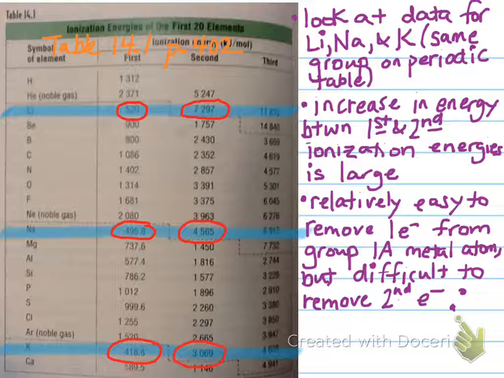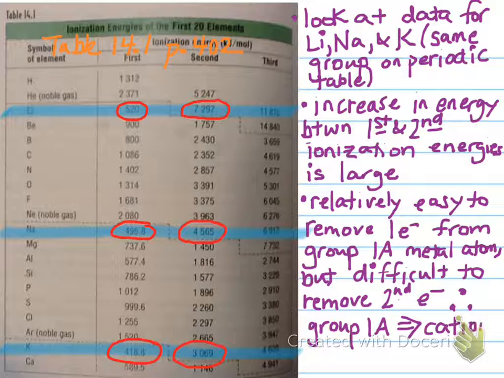The conclusion that you can draw from that is that therefore group 1A elements form a cation with a +1 charge. Because it's pretty easy to lose that first electron. It's not easy for it to lose its second.